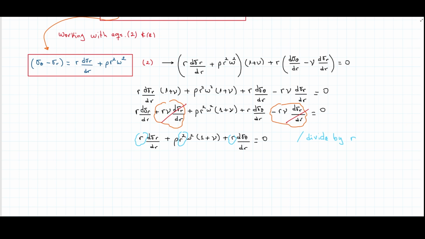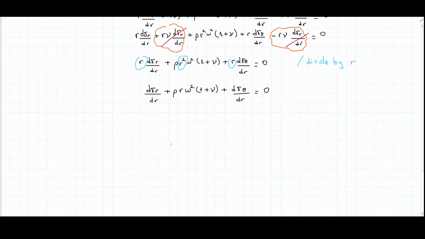If we do that, we're going to end up with this nice equation here. Plus density r omega square, this term here, plus then this term here, this one here, equal to 0. And if I write it a little bit better, I'm going to move this one to this part here, because now it is going to be evident what the next step is going to be.